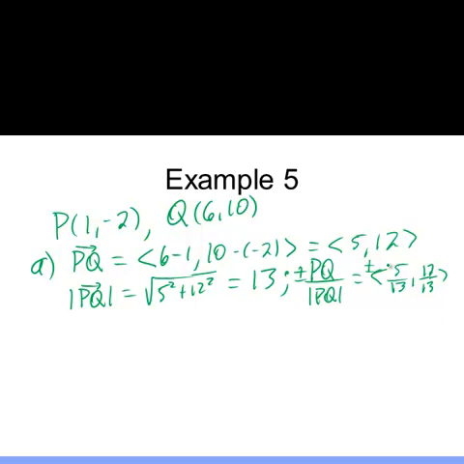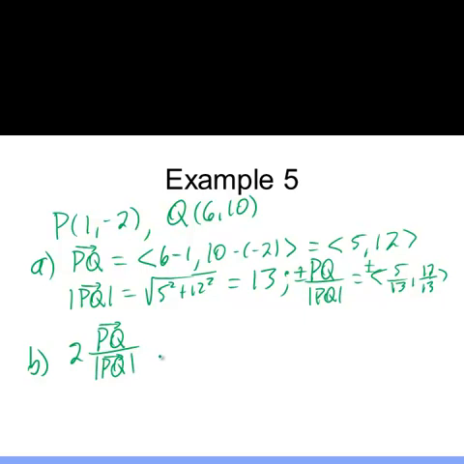Okay? Now, for part B of this problem, we are being asked to find 2 vectors of length 2 parallel to PQ. So if you want a vector in the direction of PQ, but of length 2, then just take 2 times PQ divided by magnitude PQ.